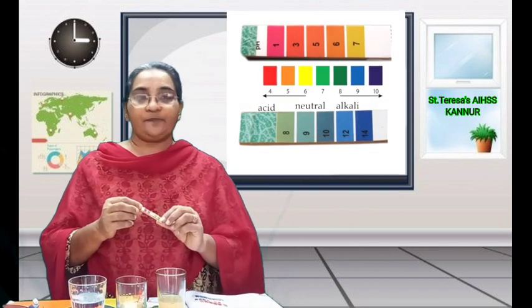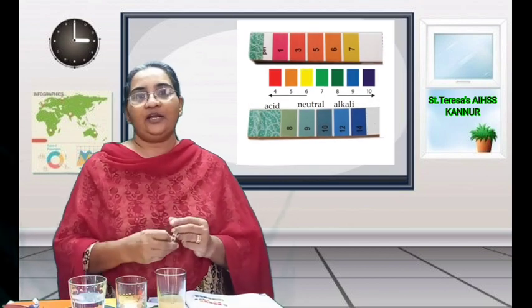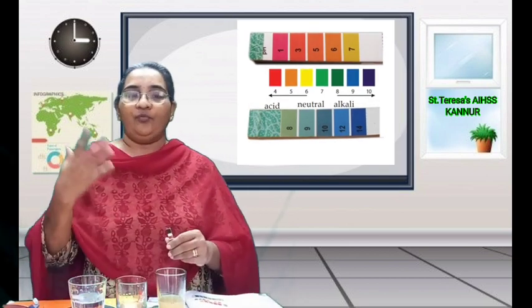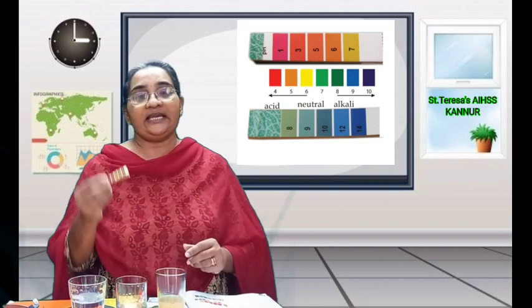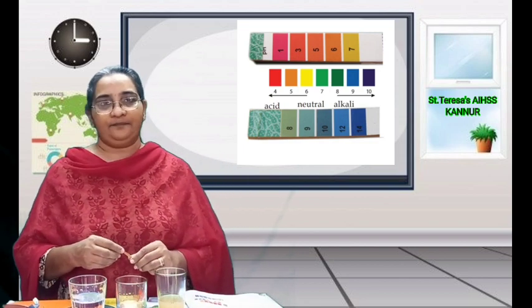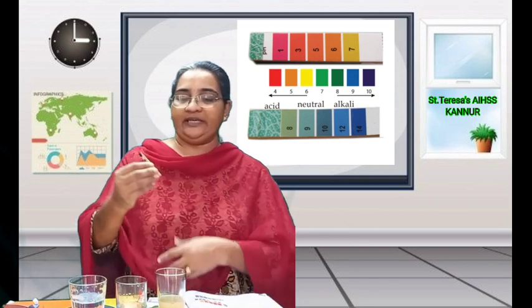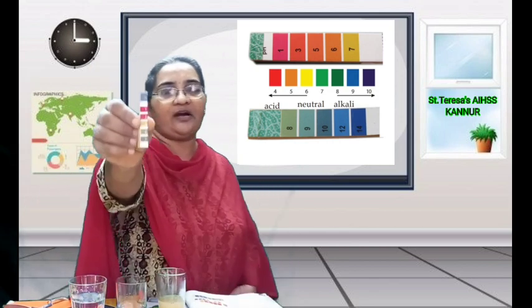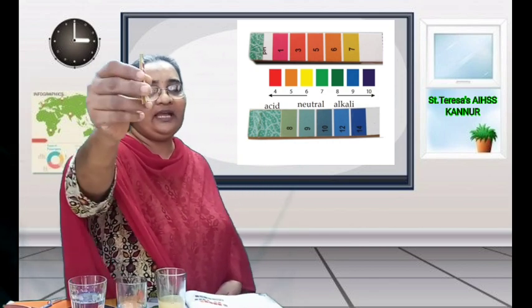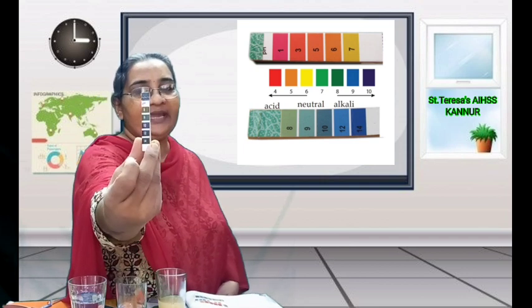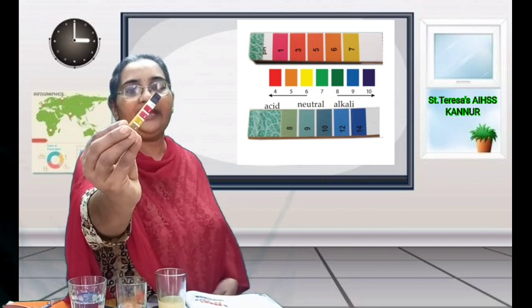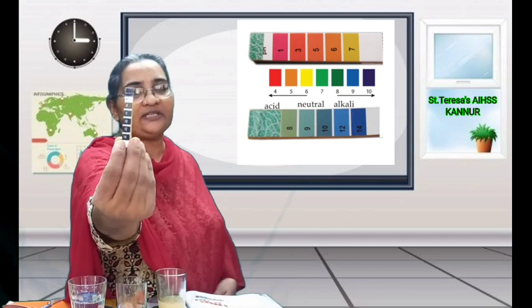So what is pH? This is a pH paper. Like the litmus paper, this is also an indicator. This pH paper tells us whether soil or water or any substance is acidic or alkaline. On this pH paper, you can see numbers marked, 1 to 7, and behind, 8 to 13, and 14 is marked there.